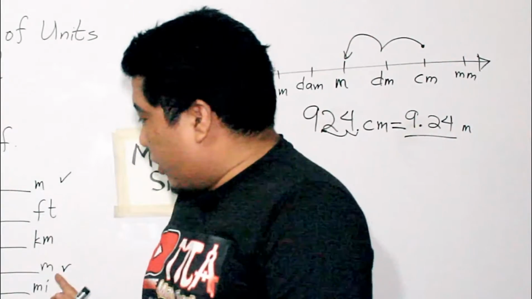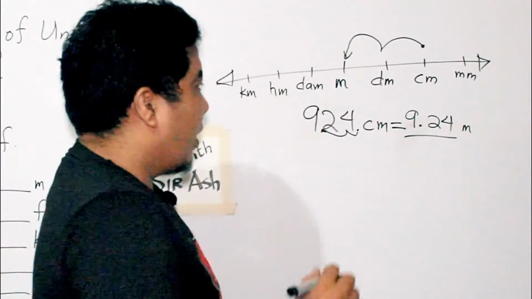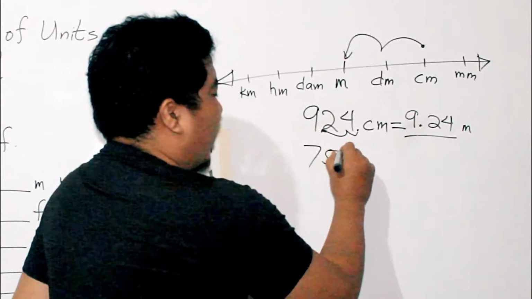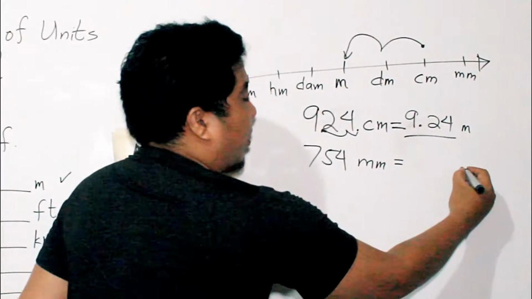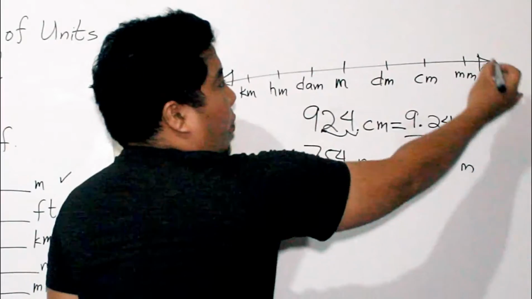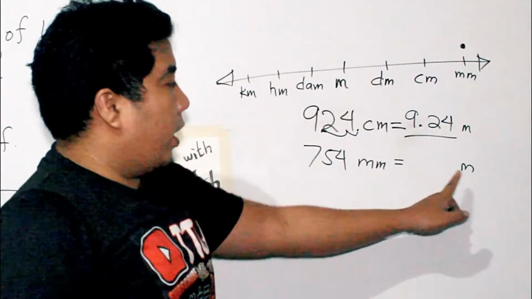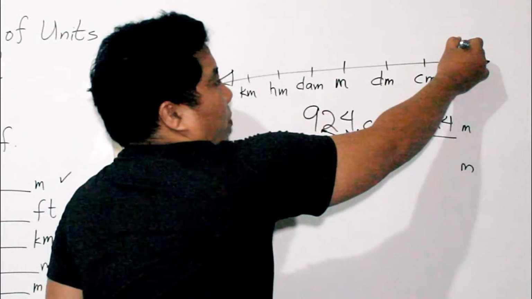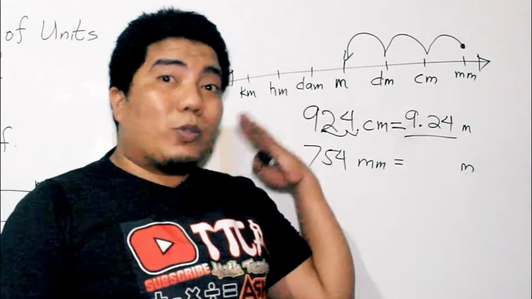Now, let's consider the fourth example, 754 millimeters to meters. Our original unit is millimeters, here. We will be going to meters, so we will be moving 1, 2, 3 units again to the left.